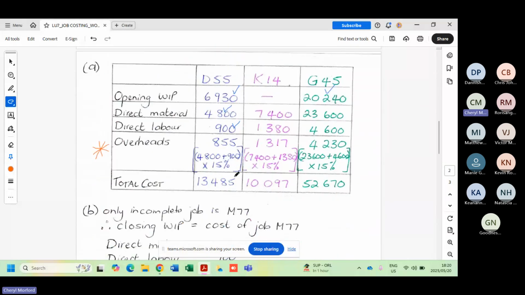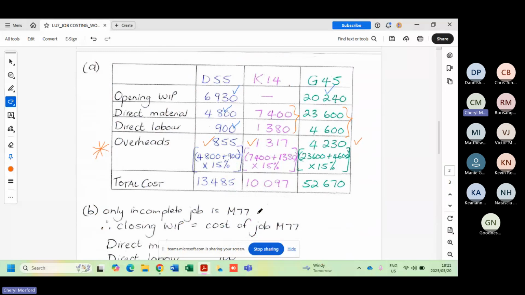Let's see here for D. There's the 48 plus the 900. We find 15% gives me 855. Same with K. Add together the two direct costs, find 15%. Similarly for G, there's my two elements of direct cost, add them, find 15%. Now we're ready to go.